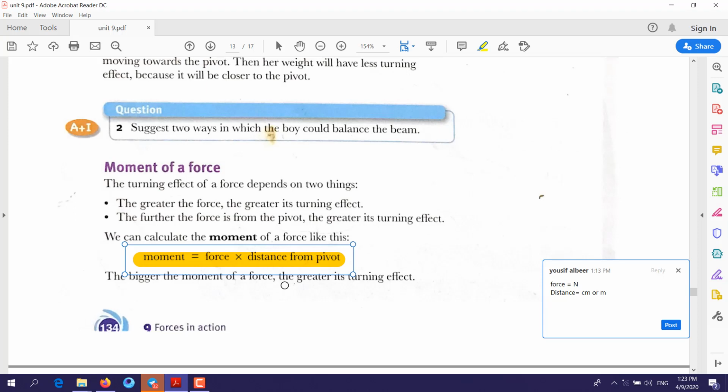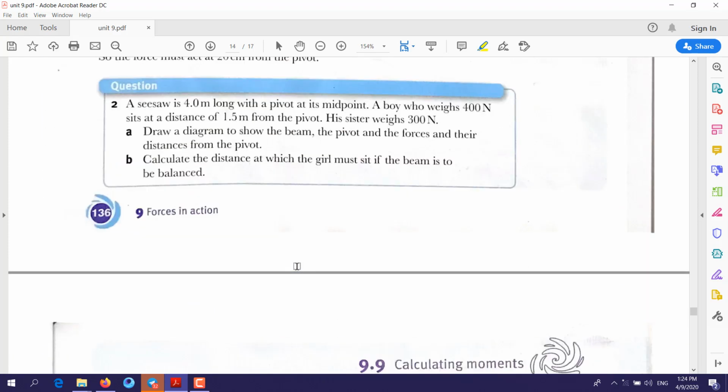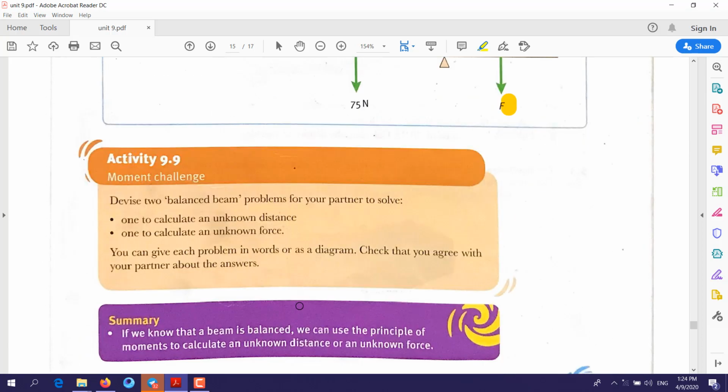So the unit of moment here will be N centimeter or N meter. It depends on the question. That was everything for Unit 9.